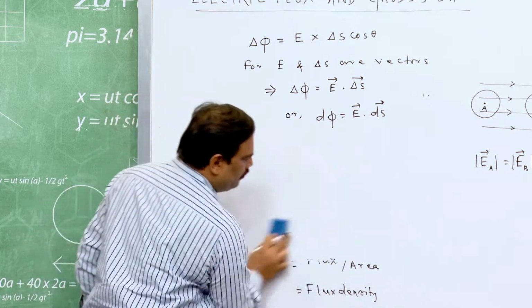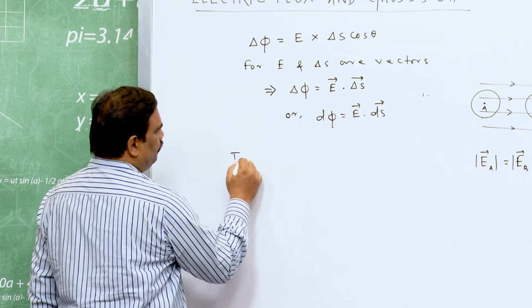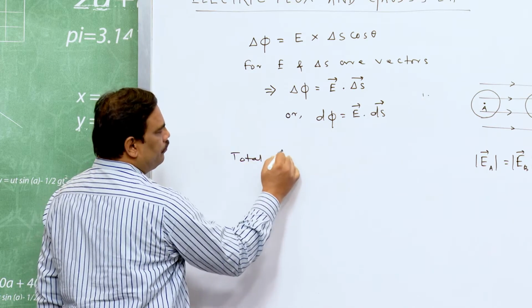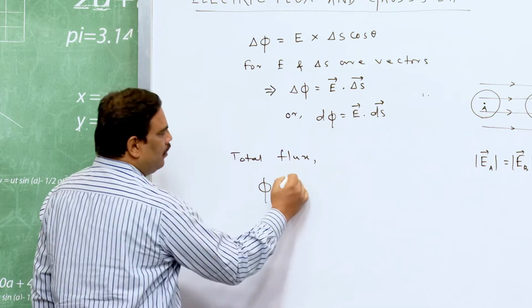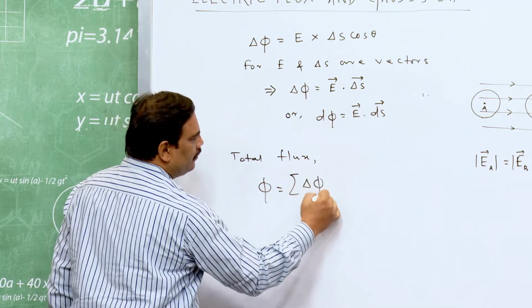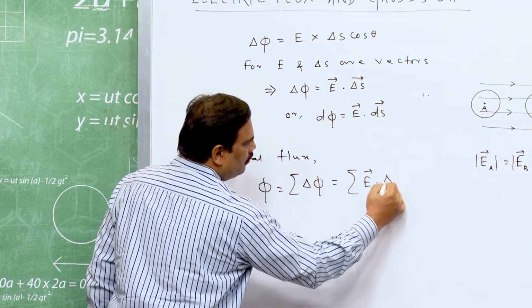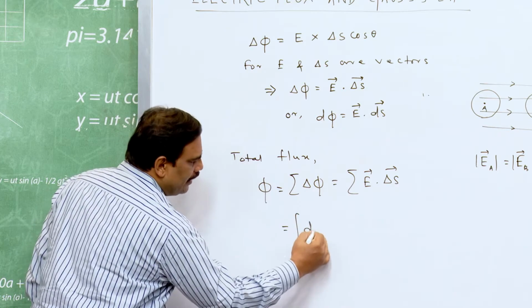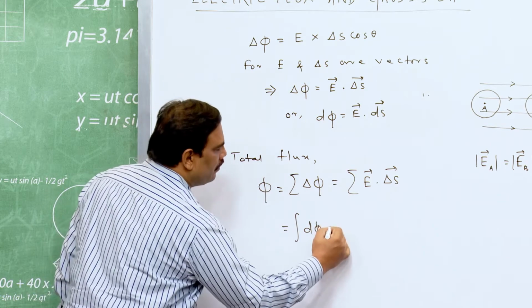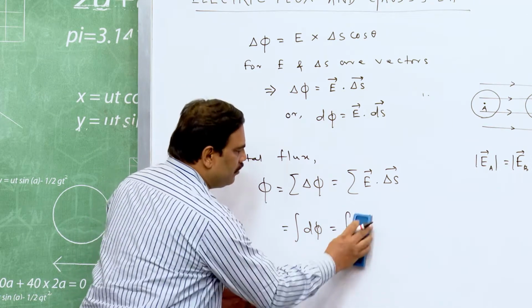Therefore, the total flux phi equal to the summation of delta phi, which is the summation of E dot delta S, or this is the integration of d phi, which is equal to the integration of E dot dS.